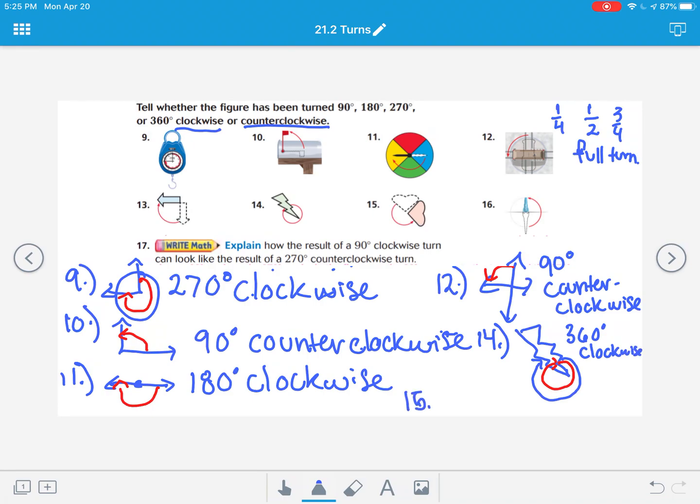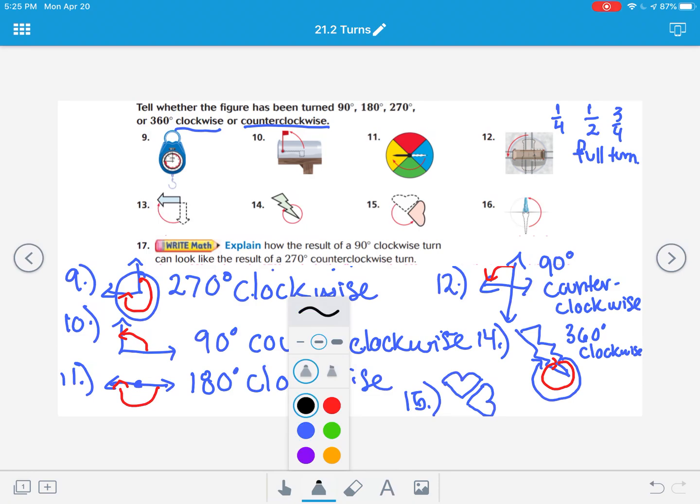All right, last one we're going to do together, number 15. Okay, now this one is a little bit different. We have two hearts that have been put together. They're very interesting hearts here. And the lines that are made from those hearts, I'm going to draw with black to show you this. We're going to imagine the lines that have been made by these are running across the sides of the hearts.